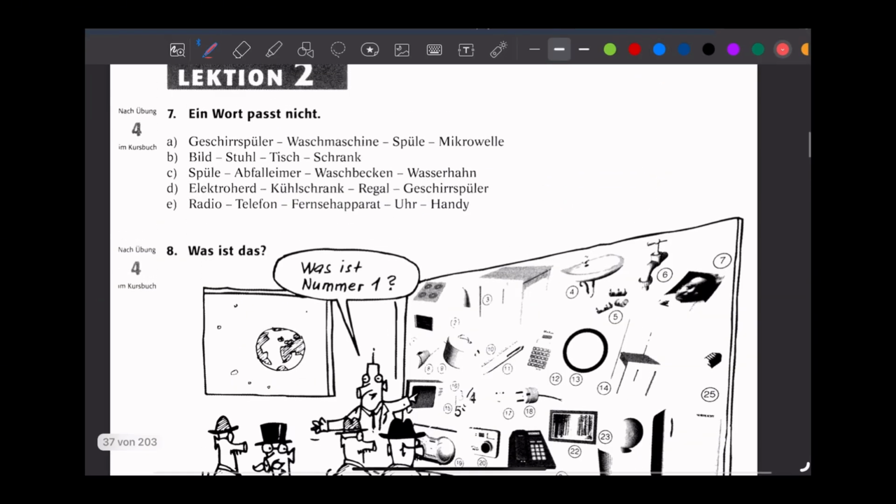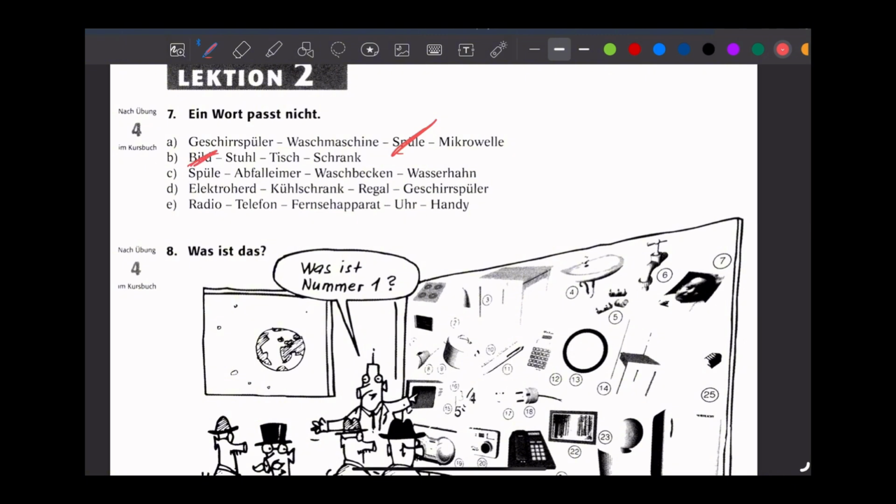And then Ein Wort passt nicht. So one of the words doesn't fit. We have to look for the one that doesn't fit. We have Geschirrspüler, Waschmaschine, Spüle und Mikrowelle. So everything here is a machine except this. So Spüle passt nicht. We have Tisch, Schrank, Bild. Everything is like furniture except this.